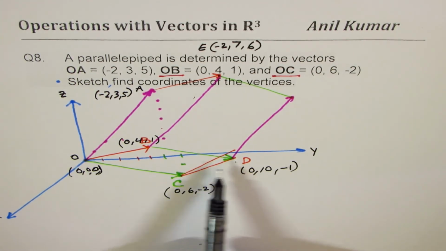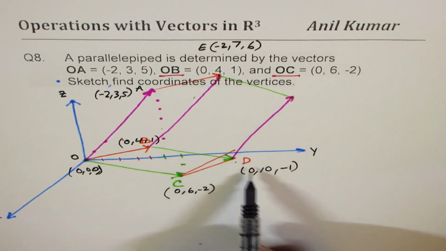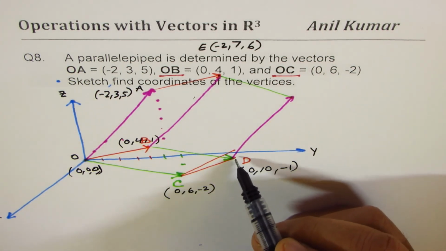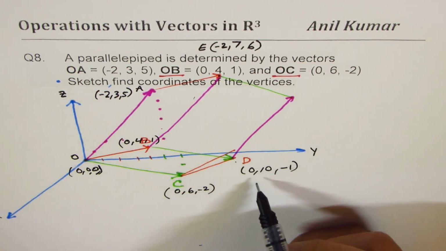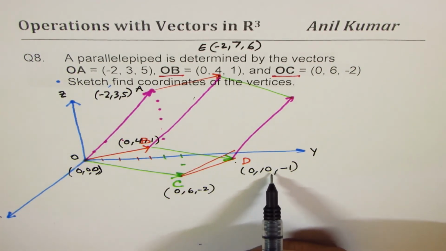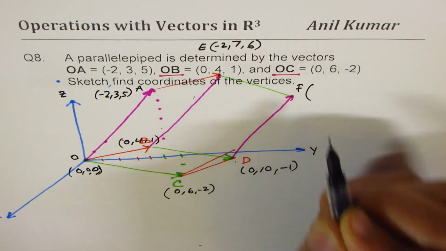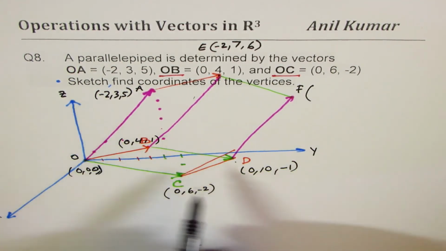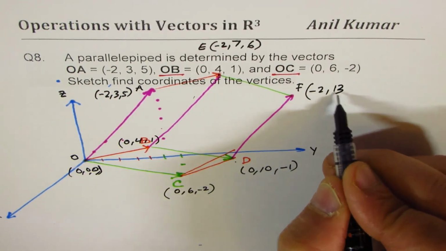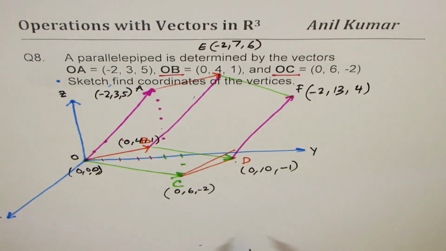Basically, from D, we can add what OA is, because we went from D, OA. So we will add -2, 3, 5 to 0, 10, -1. To get this point, let me call it F, and this point will be -2, 10 plus 3 is 13, and -1 plus 5 is 4. So I hope you get it, right?